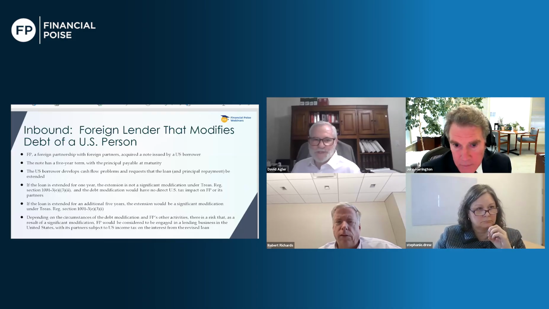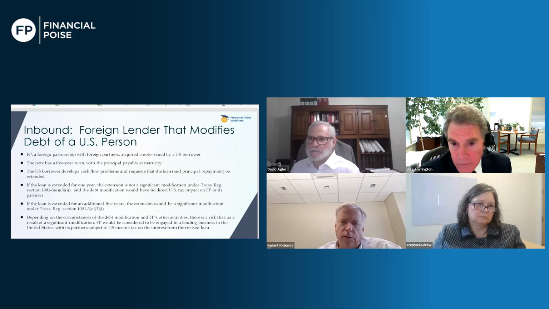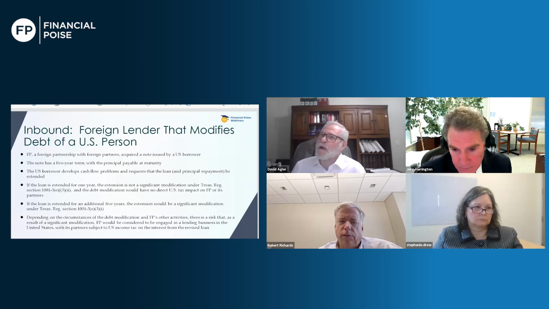If this foreign partnership does the modification, and let's assume the modification may even be multiple, if they do a modification where they're making multiple different loans, or if they've had additional loans that they've made, that may cause the foreign partnership to be doing business in the US for tax purposes, and may be qualified under state rules as well.